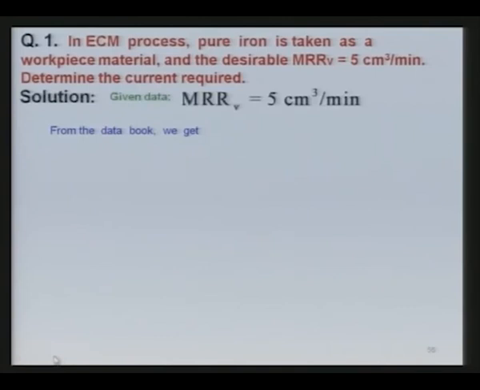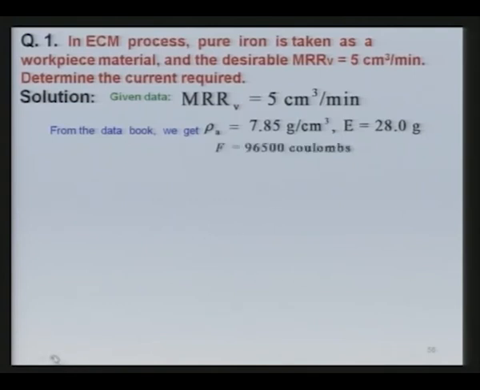The data given are volumetric material removal rate as 5 cubic centimeter per minute. From the data book or a book on electrochemical machining, you can find out the density of pure iron as 7.85 grams per cubic centimeter, and the chemical equivalent of it is taken as 28 gram.